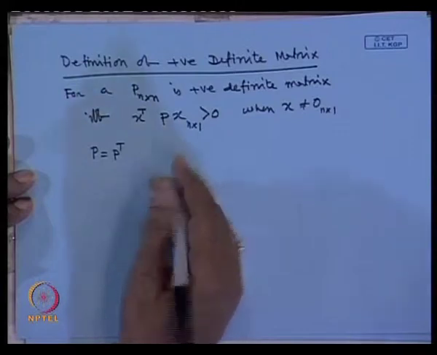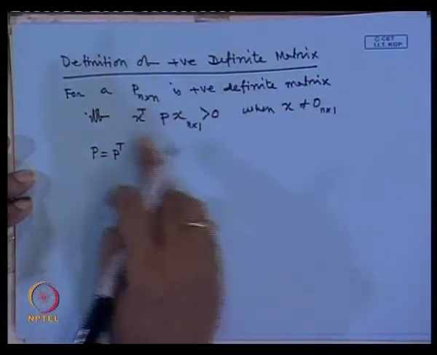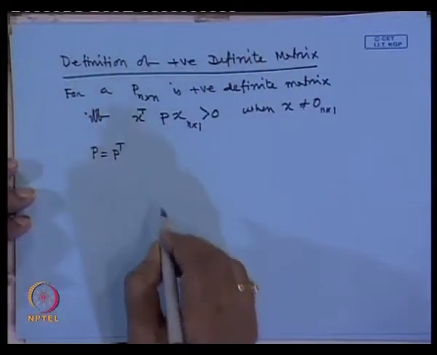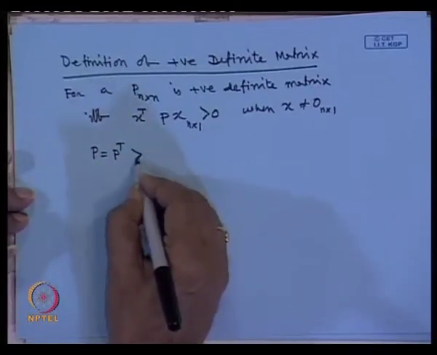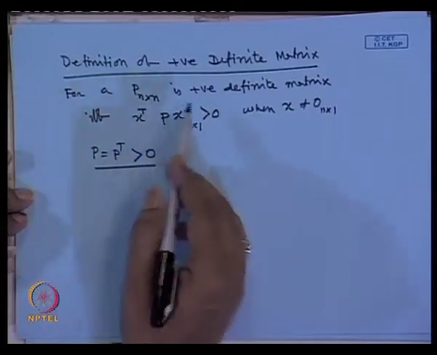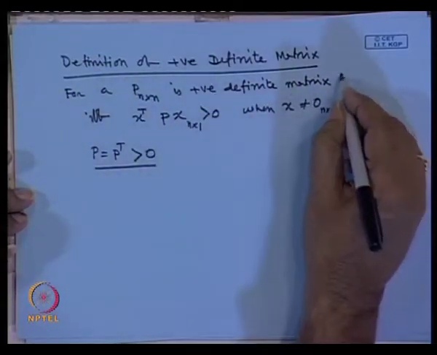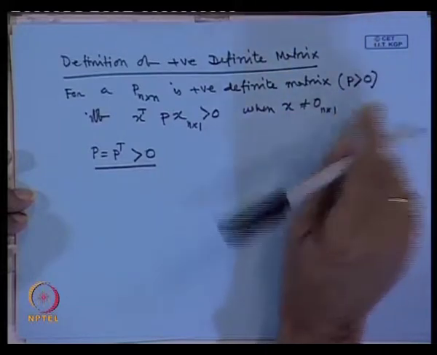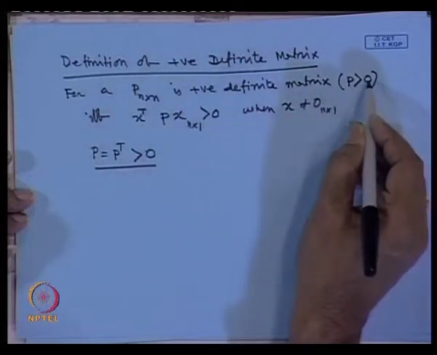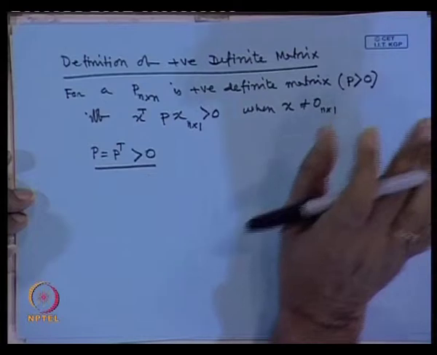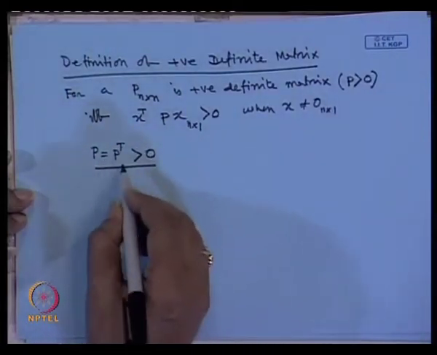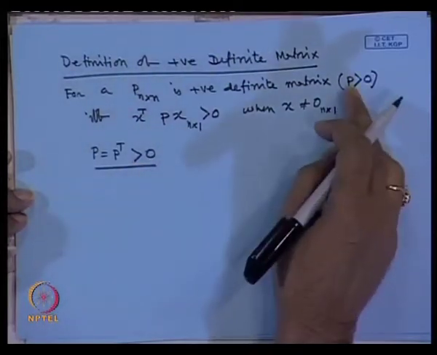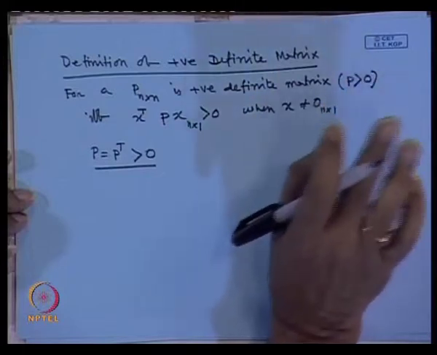In short, positive definite is written P greater than 0, which means P is a positive definite matrix. So if P transpose P is greater than 0, it indicates that P is a symmetric matrix, but this does not indicate that P is a symmetric matrix, P may be a non-symmetric matrix also.